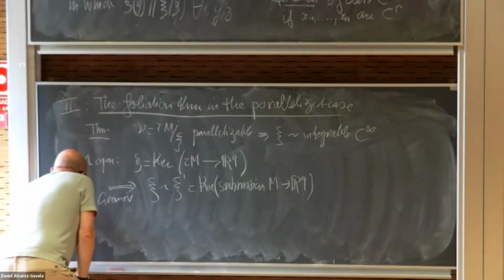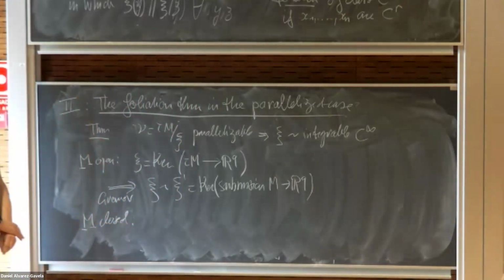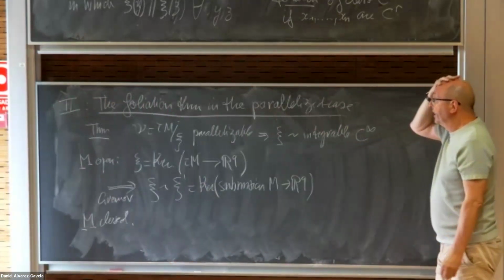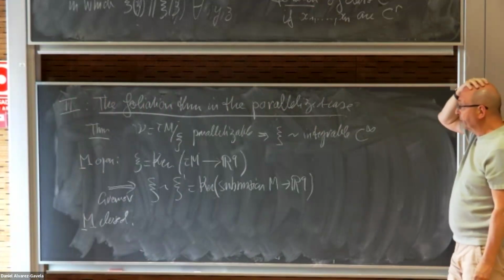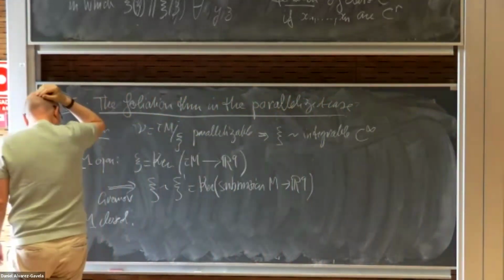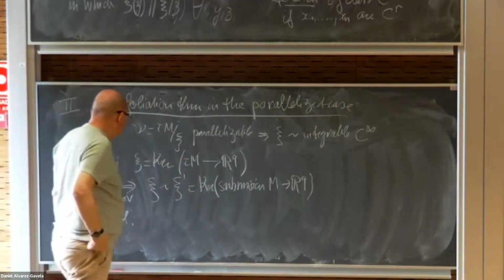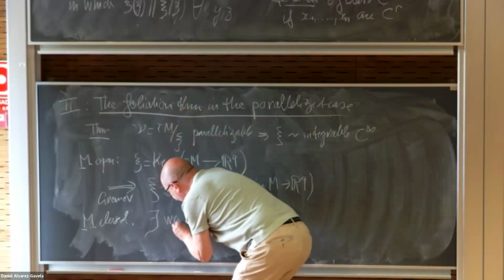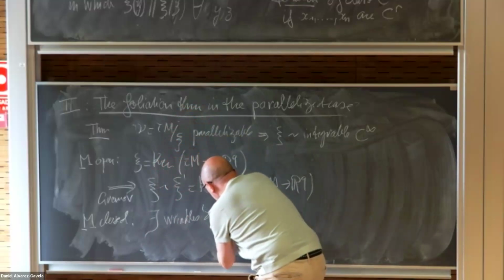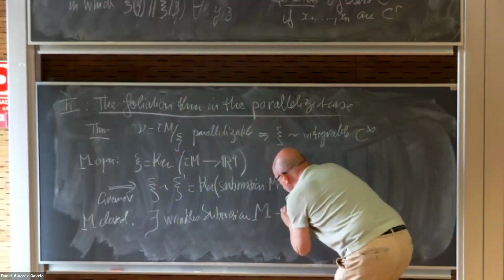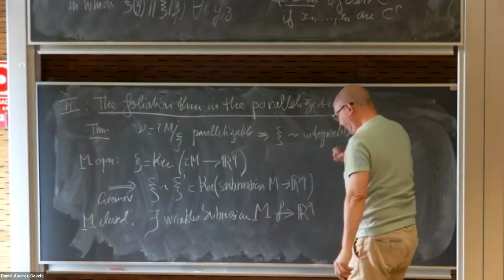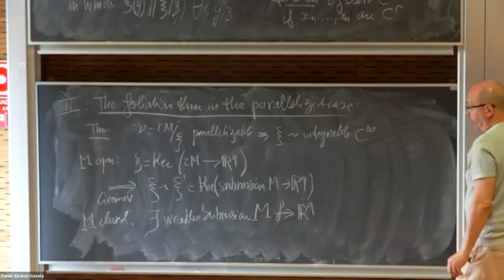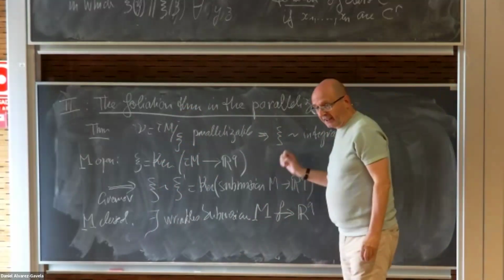Now for M closed. As Harry told us, there is no such easy h-principle for submersions on closed manifolds, but we can at least get from Xi a wrinkled submersion from M to R^2, whose kernel plane field is homotopic to the regularization.